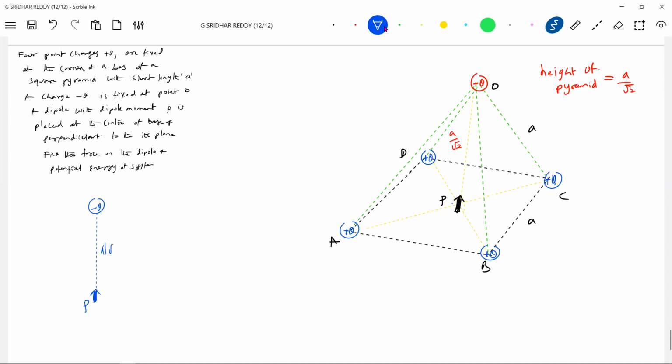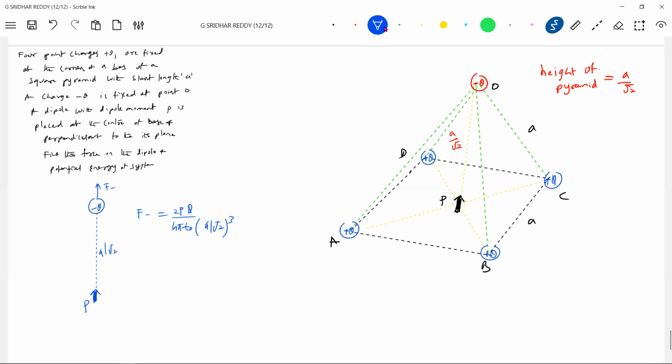This distance is A by root 2. What is the force experienced by this? We'll calculate F minus. F minus should be equal to 2p by 4 pi epsilon naught (A by root 2) whole cube, into the magnitude of charge Q.